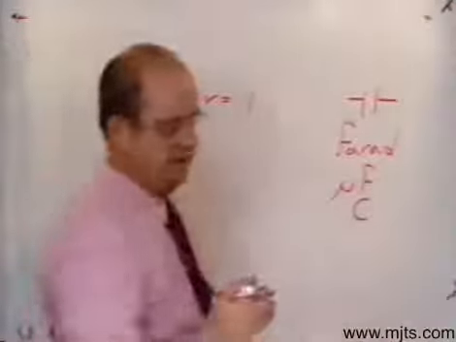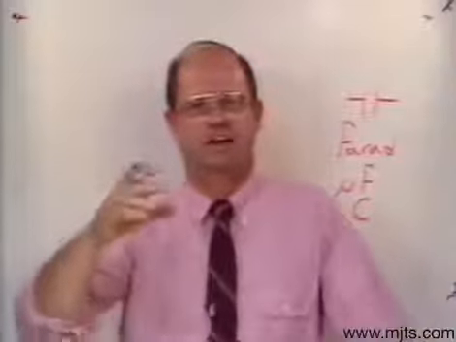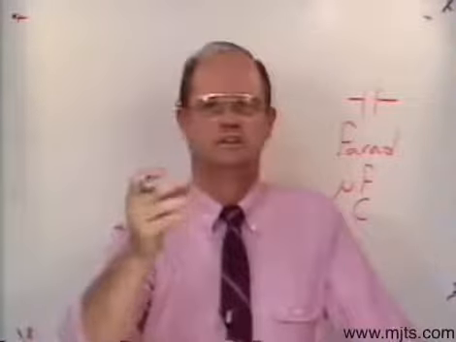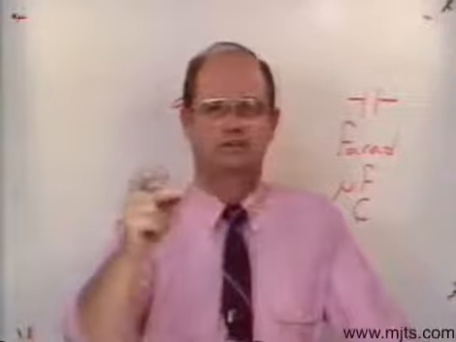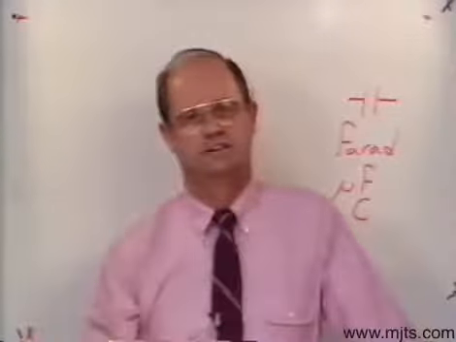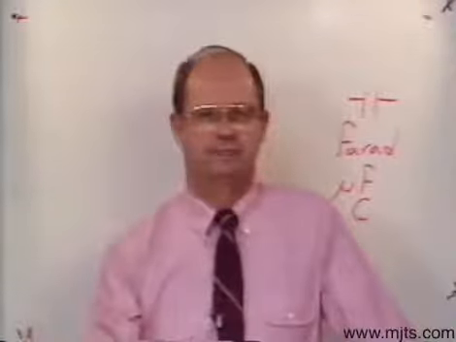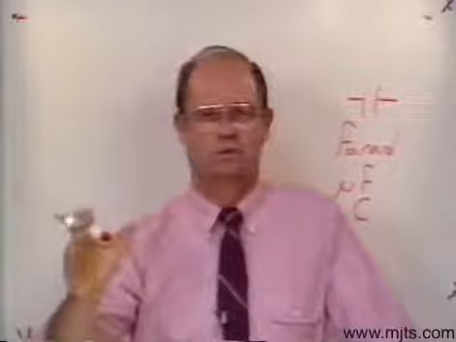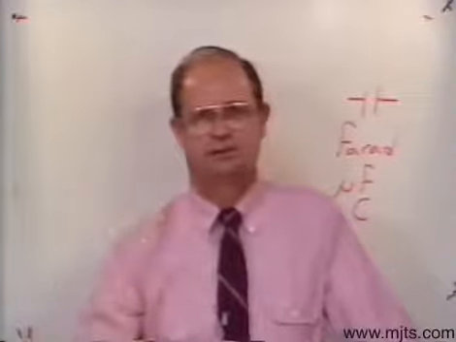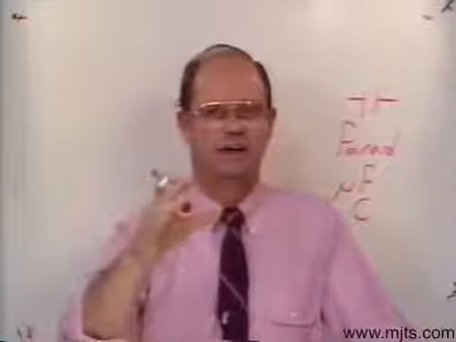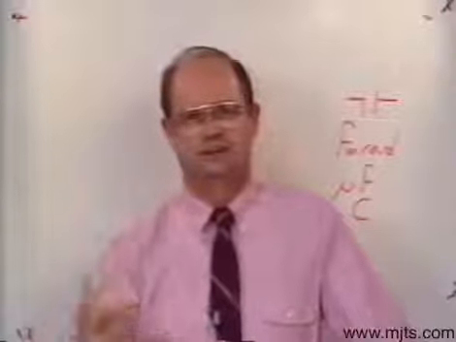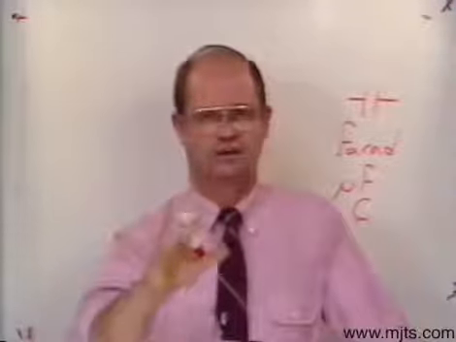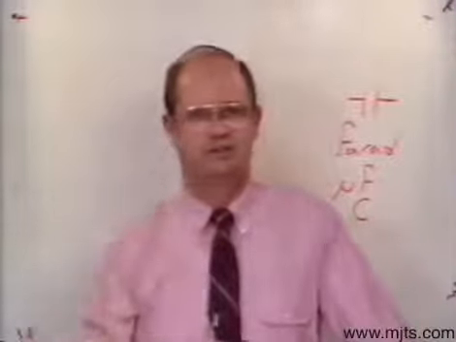If I had a dielectric material that had a value of 2, it'd have twice the capacitive effect as air. Now, we're going to work with capacitors and capacitor banks and so on. It's going to be important that you understand the effect of a capacitor in the circuit.